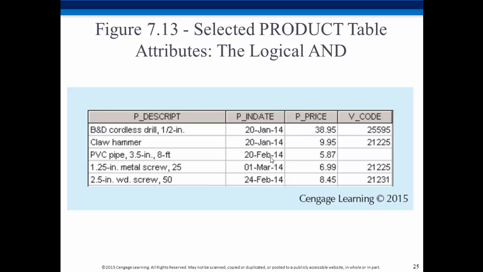So if you use P_DESCRIPT, P_INDATE, P_PRICE, and V_CODE from the product table, where the price is less than 50 and the date is January 15th, 2014, it must meet both requirements before it will show it. The price has to be less than 50 and the date has to be greater than January 15th. So it'll have to meet both of those requirements on an AND.